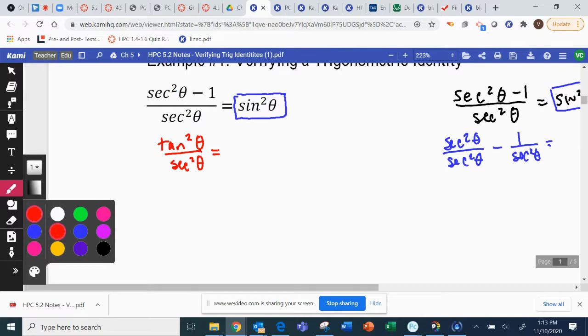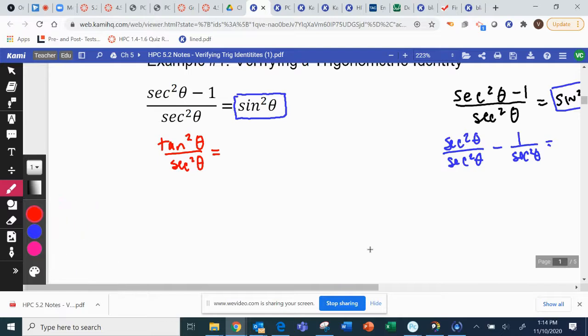Madeline, try something. Tangent is y over x. Okay, so don't use y over x. Use sine instead of y, and cosine instead of x. Sine over cosine.